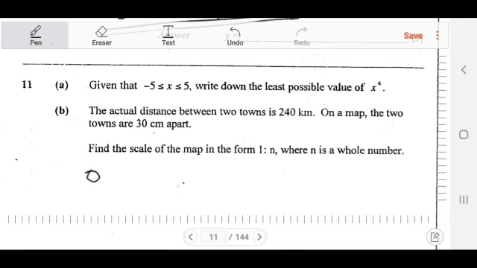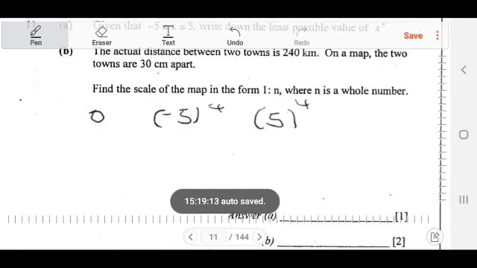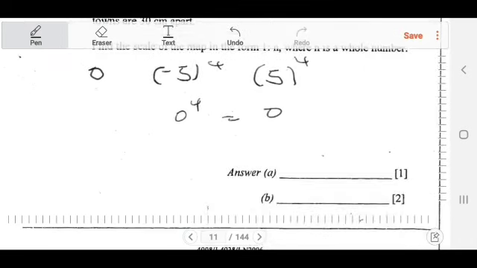Why is that? Because we've got negative 5 to 5, and if you raise those to the power of 4, they are all going to give you positive. So the least value here is 0 to the power of 4, which is still going to be 0. Okay, so here is 0.